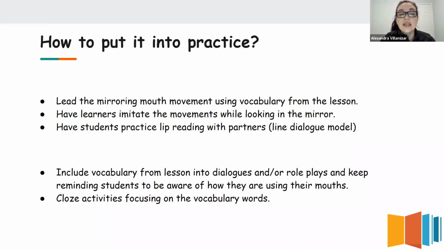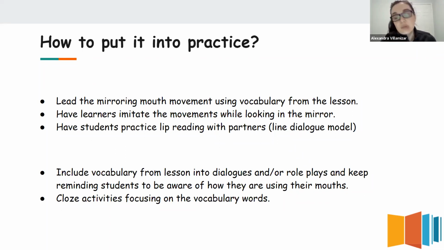So again, please include the vocabulary from the lesson in dialogues or role play activities, and keep reminding the students to be aware of how to use their mouth. We need to teach them: you need to open your mouth, you need to show your tongue, you need to put your tongue in place.